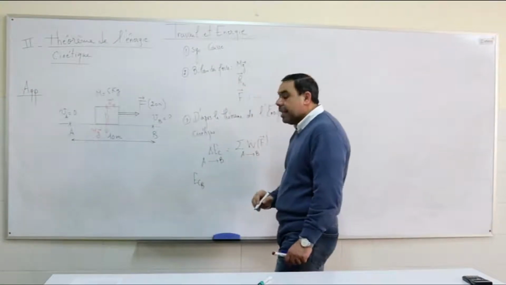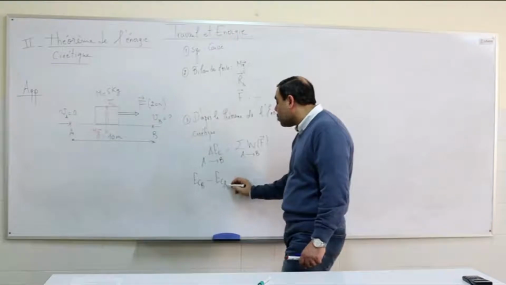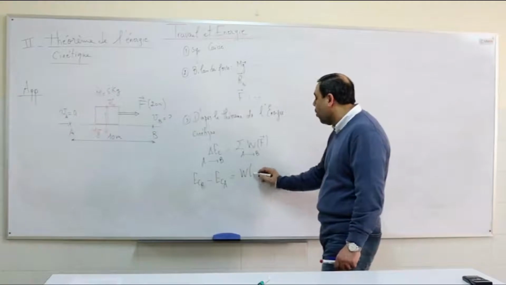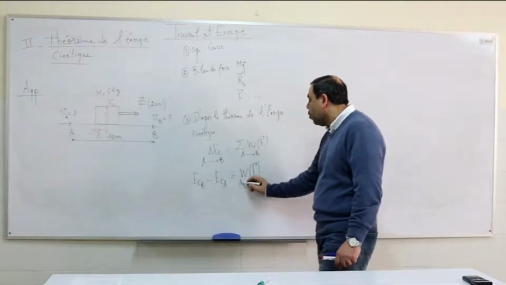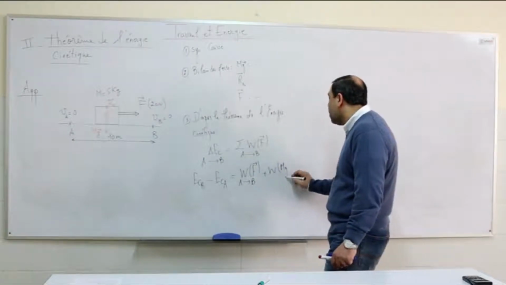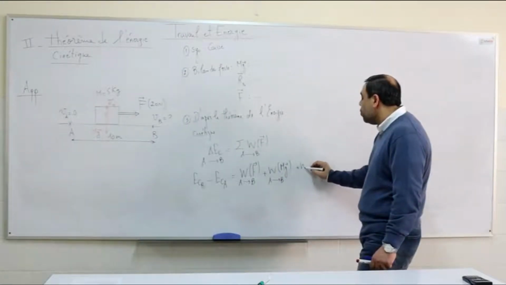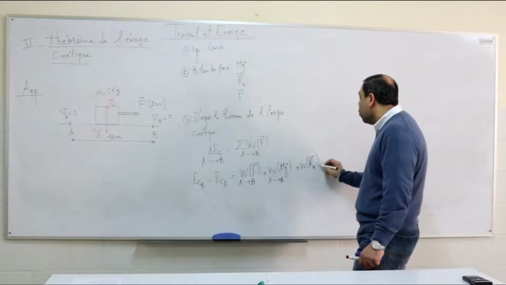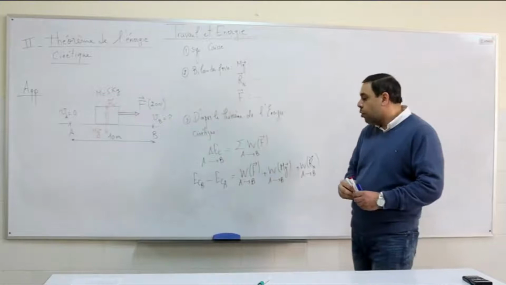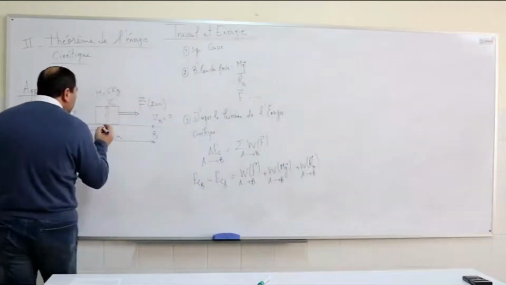So we have Ke final, which is Ke at B, minus Ke of the box in the initial state, which is at A. This is equal to the work of force F from A to B plus the work of mg from A to B plus the work of Rn from A to B. But we know that the weight mg is perpendicular to the displacement, and so is Rn.